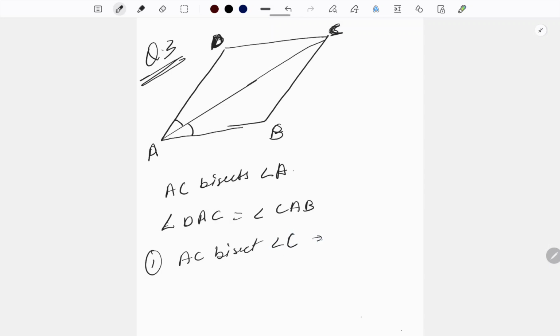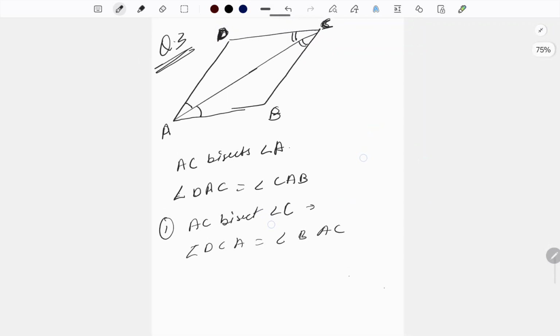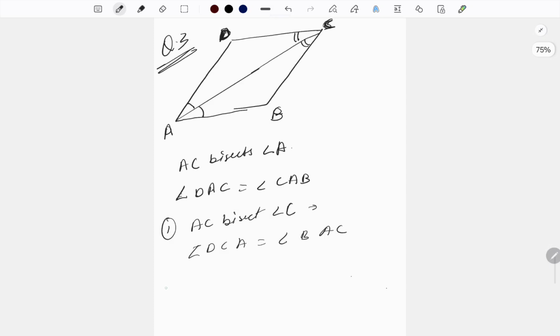So this means whether we have to prove angle DCA is equal to angle BCA. This should be equal to this. To prove that, let us take triangle DAC and triangle BAC.